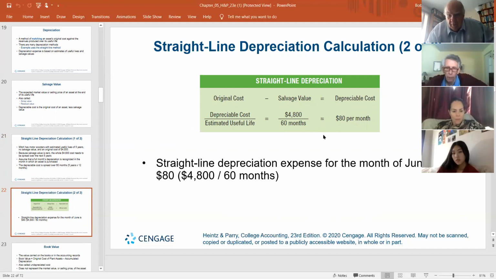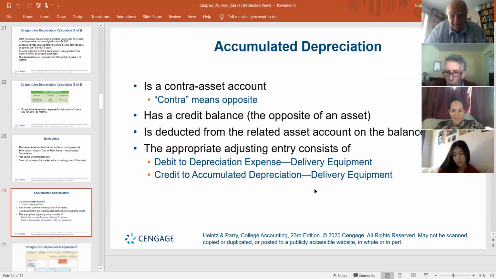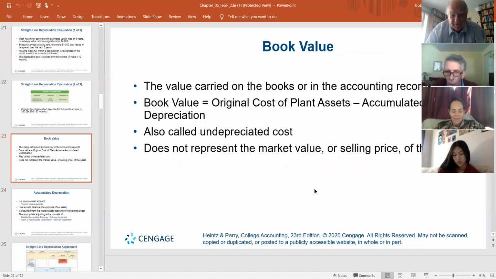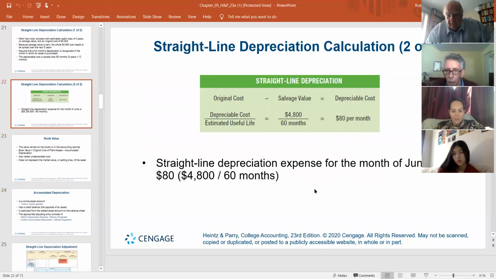Now, this is the journal entry you pray is on the test because this is the easy one in that you don't have to think about what accounts. It's always going to be a debit to depreciation expense and a credit to accumulated depreciation.